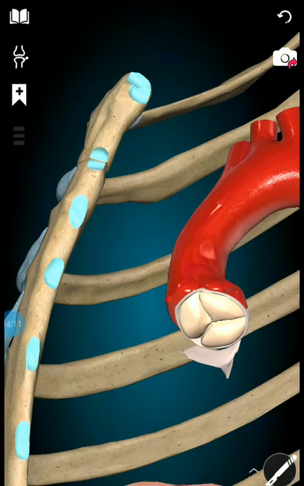When you observe the root of the ascending aorta, this is the root of the ascending aorta, it presents what we call 3 dilatations. This is 1, this is 2, that is 3.